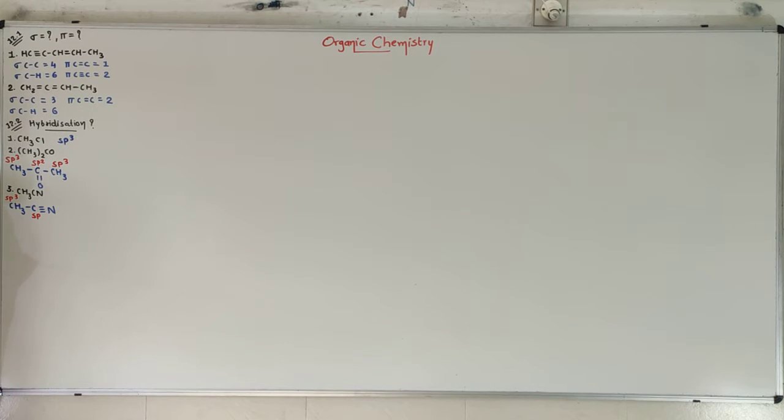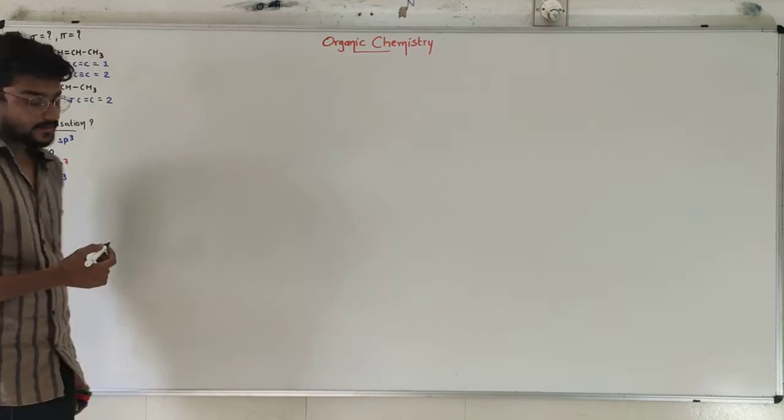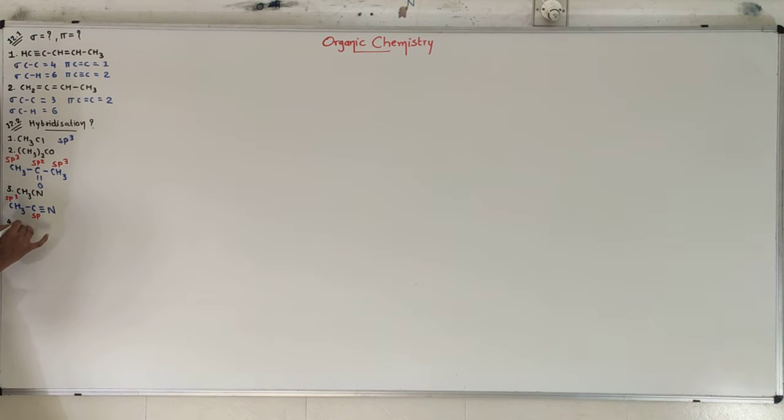After that, our structure number 4 is HCONH2: H C double bonded O, NH2. Because of the double bonded oxygen, 1 carbon is available, and that double bonded carbon will be sp2 hybridized.